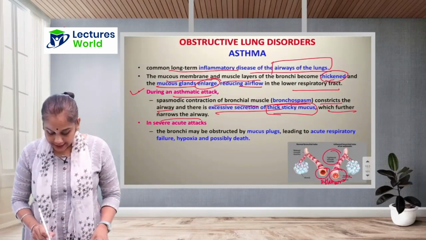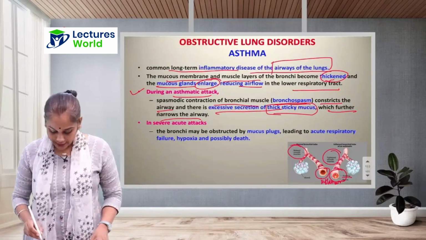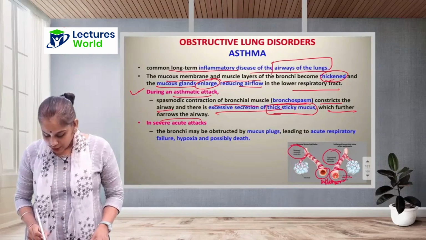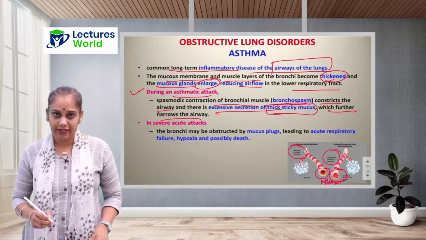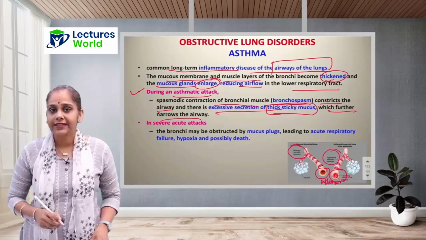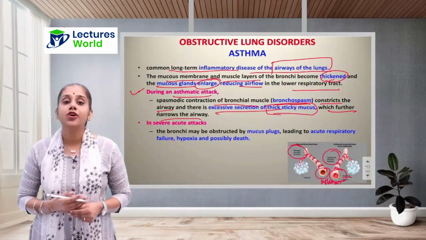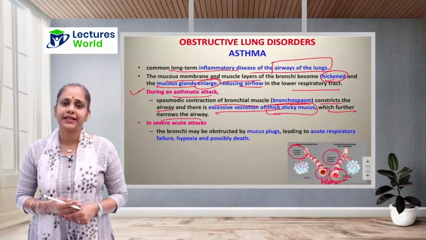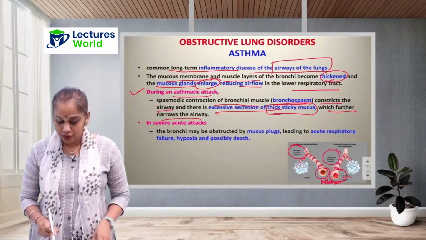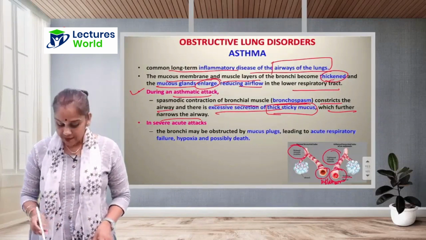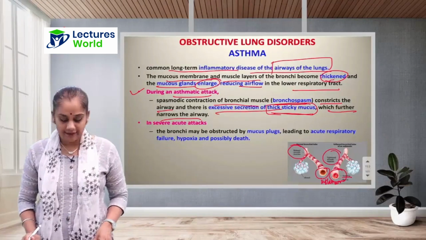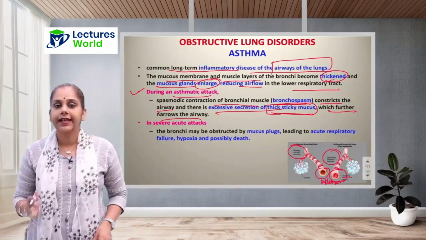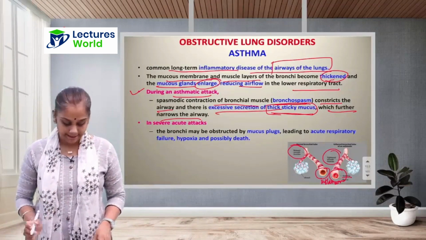Here there is relaxed smooth muscle. Because of the low diameter in the bronchi, they cause shortness of breath or an asthmatic attack, with bronchospasm and more mucus secretion. So they narrow the airway, and because of that there will be shortness of breath.